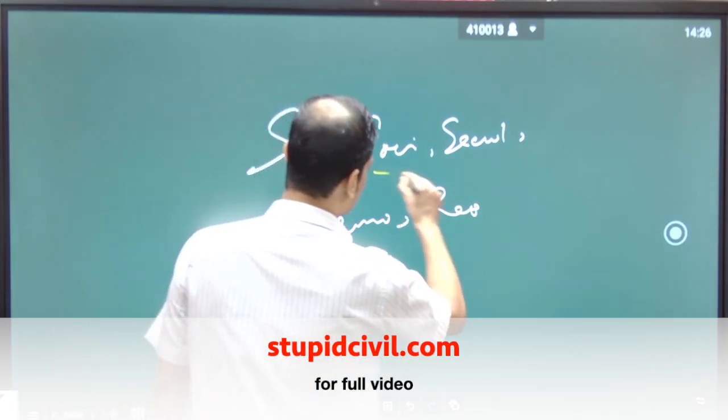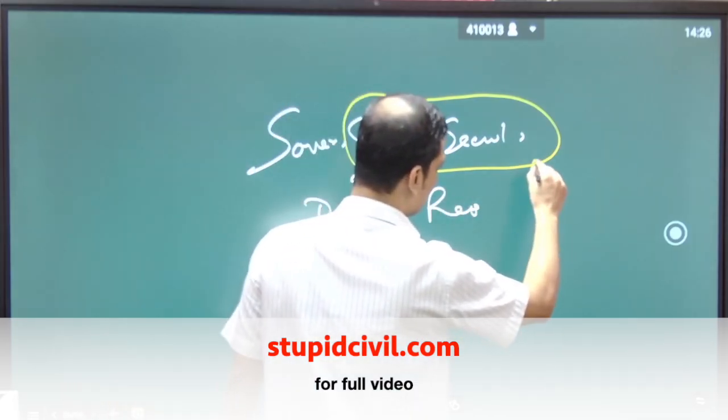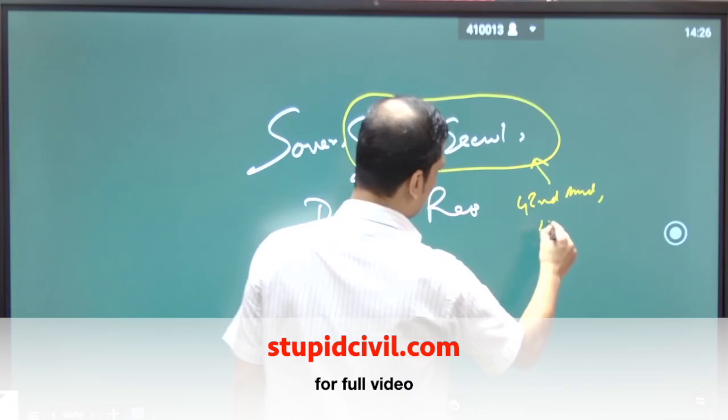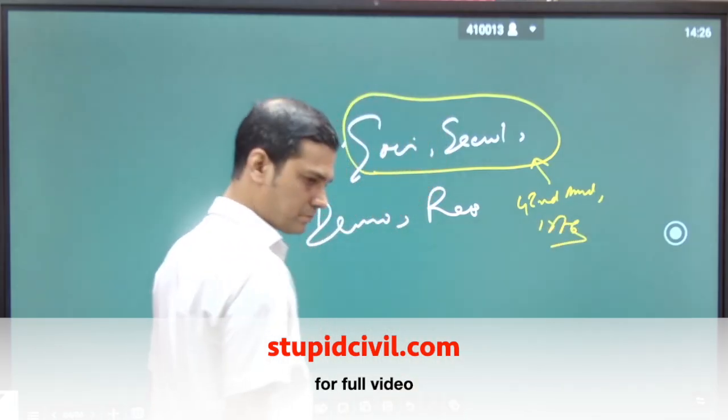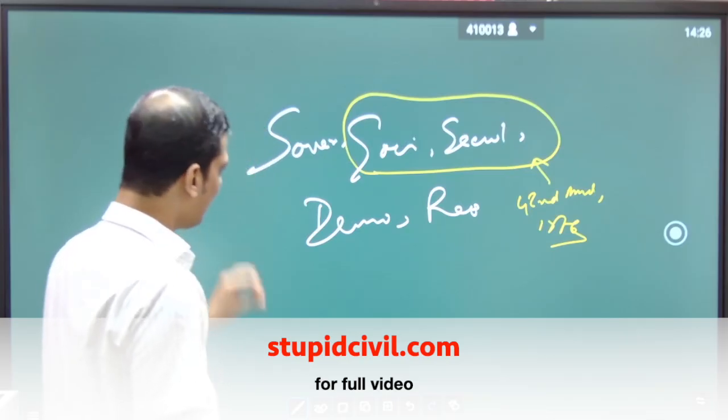What these people are telling us is that these two things were inserted later by the 42nd Amendment, 1976. We know this by this time. We are aware of this.